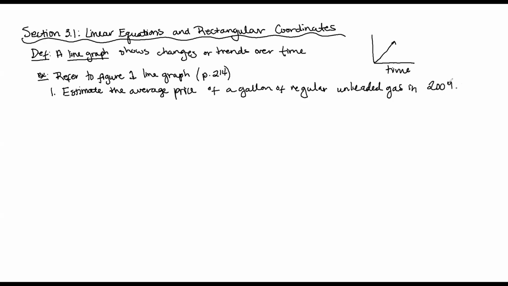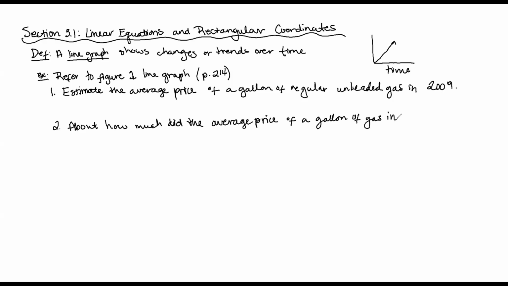And then I'll go ahead and write down the second question, and we'll switch over to the book: about how much did the average price of a gallon of gas increase between 2009 and 2012.